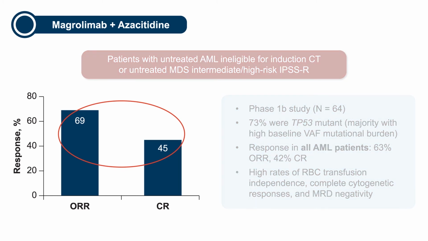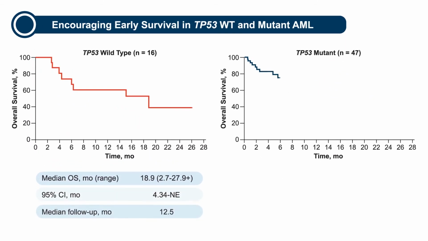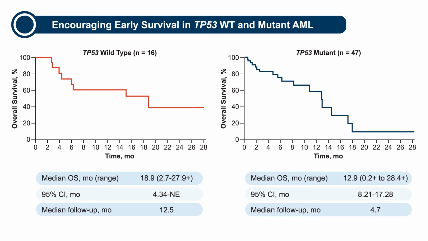In P53, Magro plus AZA have shown promising results, including 69% overall response rate and 42% clinical remission. These encouraging results are seen in AML patients with wild-type P53, as well as patients with mutant P53, and this provides a new promising avenue for such patients.